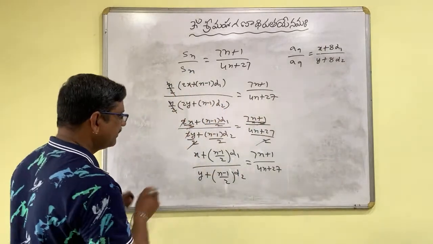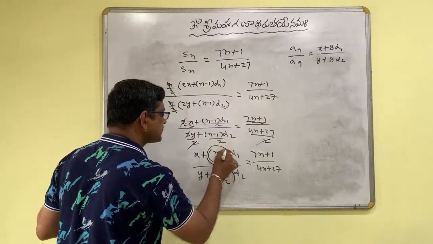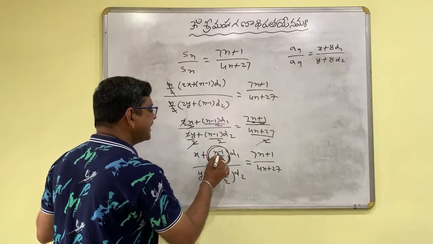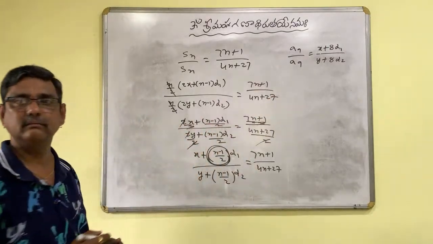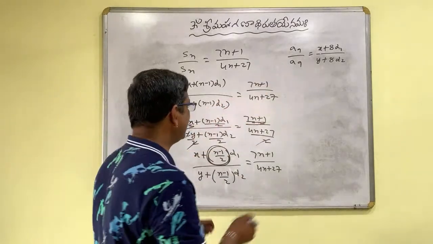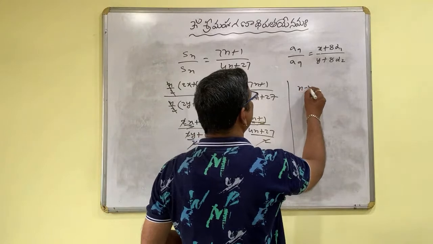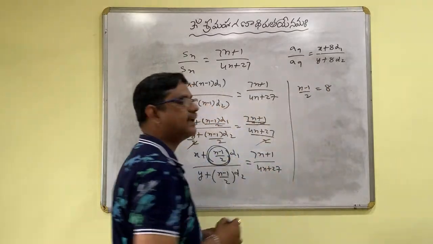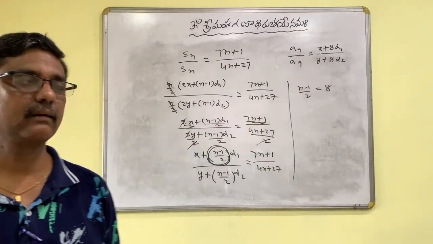అంటే instead of this, if 8 is there now our problem is done. అంటే (n-1)/2 ఎంత అవ్వాలి? 8 అవ్వాలి.